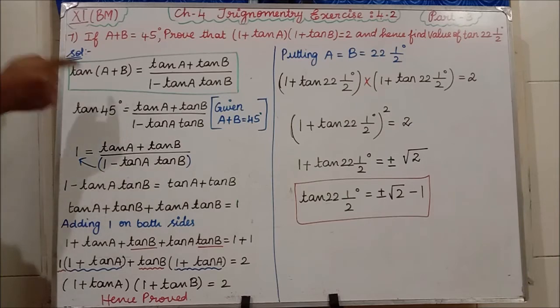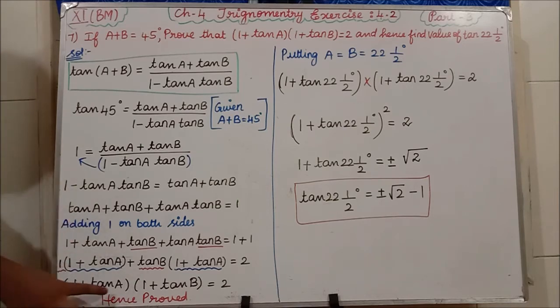In the same question they are asking to find another value also, which is tan 22.5 degree. In this, wherever I am having A, I am going to put 22.5 degree, and wherever I am having B, I am going to substitute 22.5 degree.